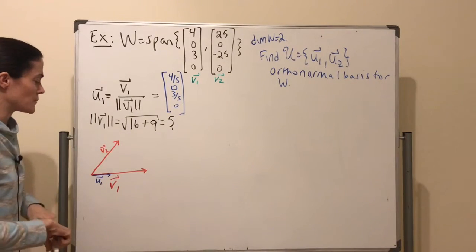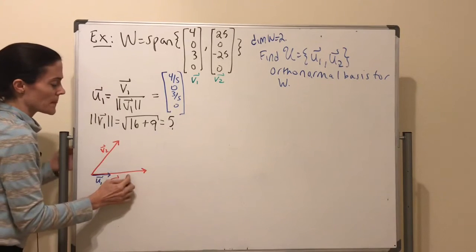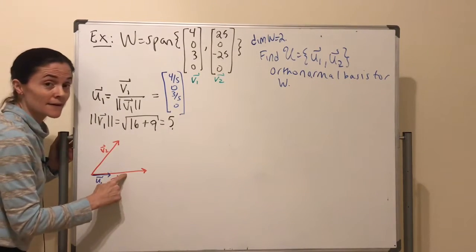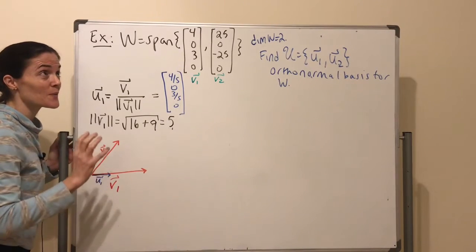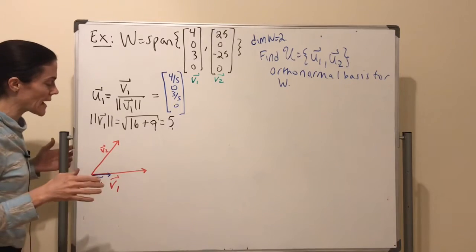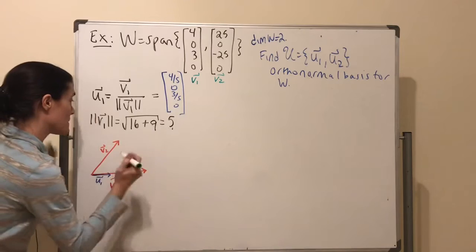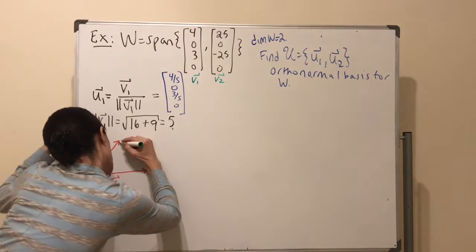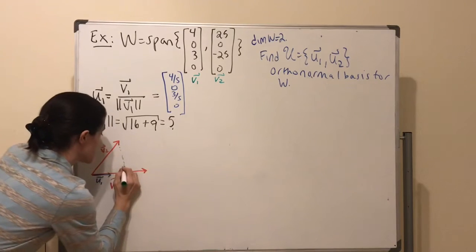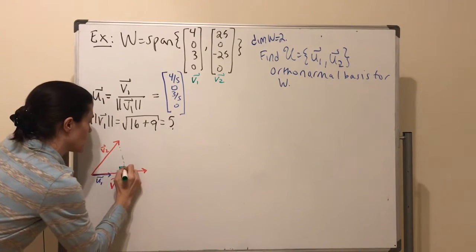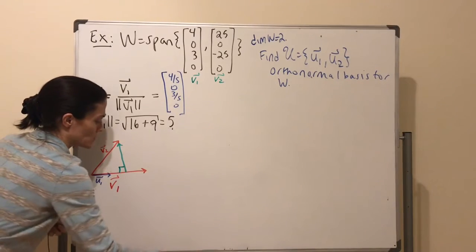Okay, great. Well, how are we going to find the second one? I need a vector that is orthogonal to V1. Equivalently, it's orthogonal to U1. But the thing is, we know how to do this, right? I need something that's about 90 degrees. If I project, okay, so there's two vectors here, and one I will do in black.